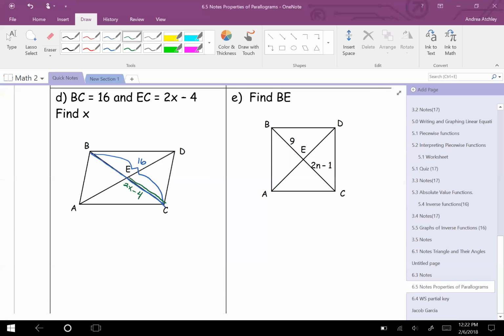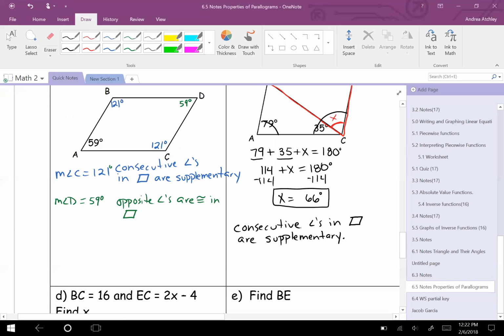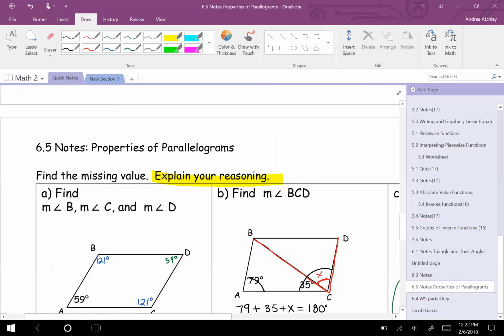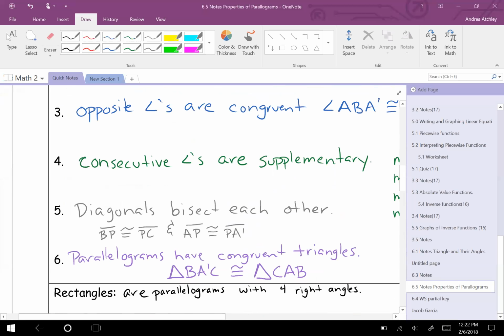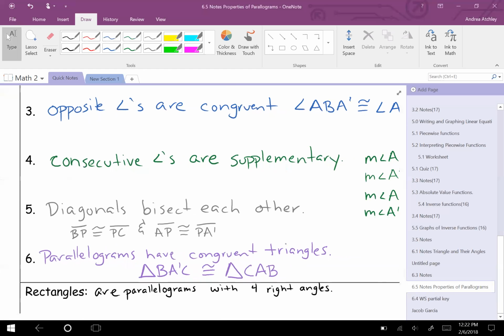Celeste, what do I know about diagonals in parallelograms? Let's go back and look. They bisect each other. So I have two congruent pieces.